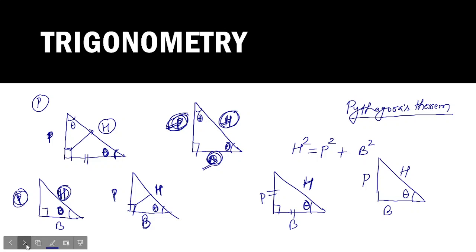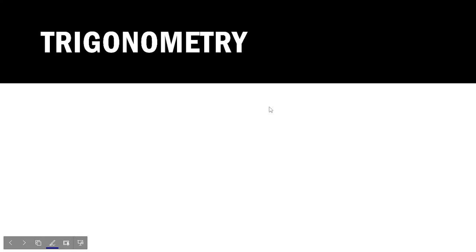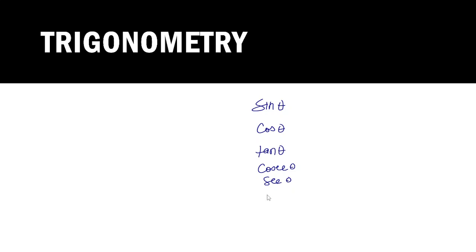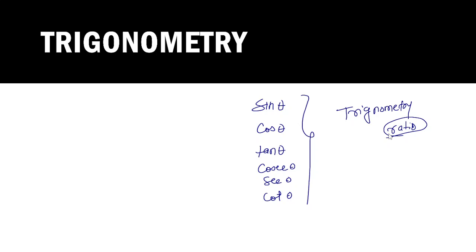So in trigonometry, we will study six ratios, that is sine theta, cos theta, tan theta, then cosec theta, sec theta, and cot theta. These six are the trigonometry ratios. So here it is ratio. So ratio of what? This is the ratio of any two sides of any right angle triangle.